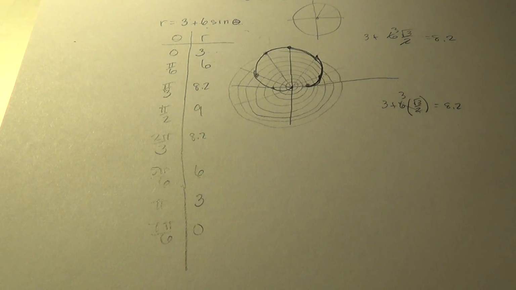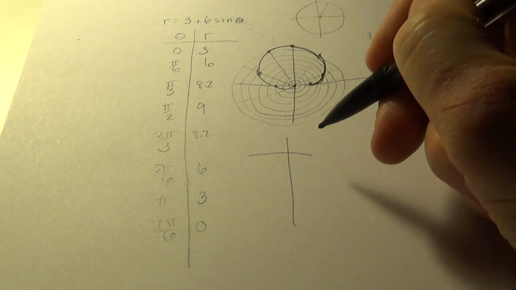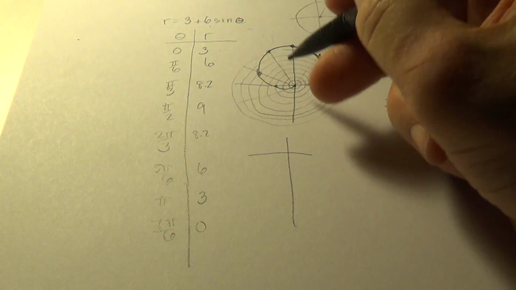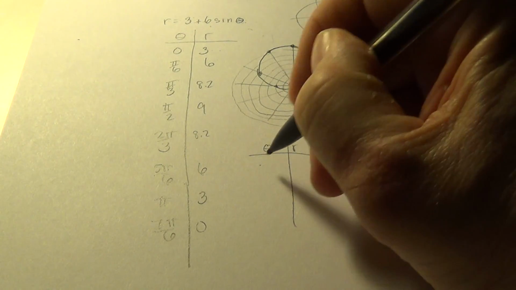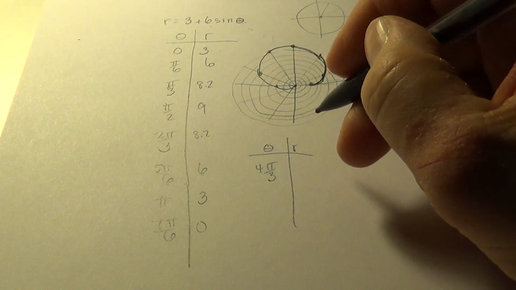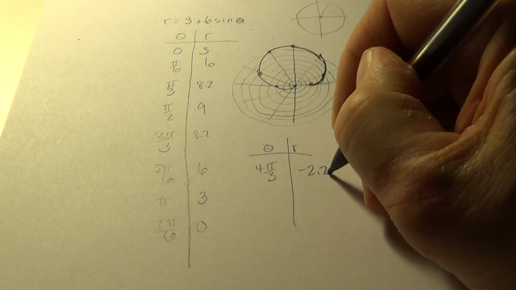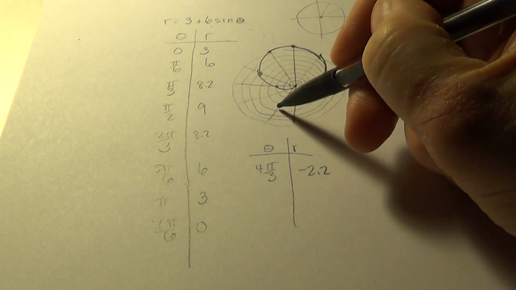And now I'll start my curve here, my chart here, where you can see this angle is 4 pi over 3. And that ends up to be a negative 2.2. So how do I graph a negative value along this angle?